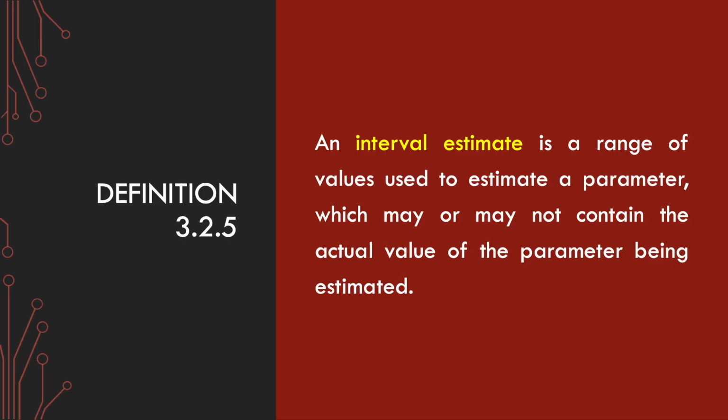Another form of estimation is what we call the interval estimation. It is a range of values used to estimate a parameter which may or may not contain the actual value of the parameter being estimated. So dito, instead of a specific numerical value, this is now a range of values. Kaya nga interval estimate eh. There is an interval.